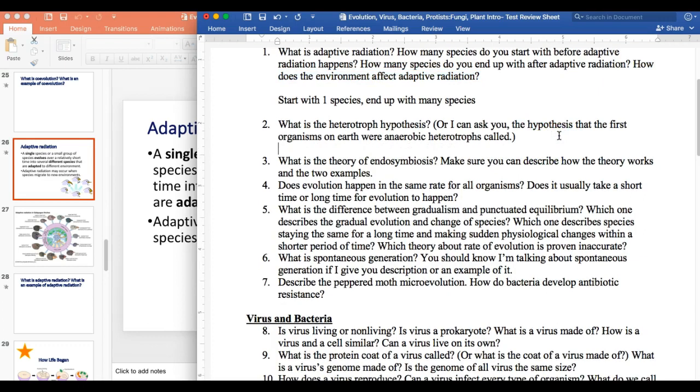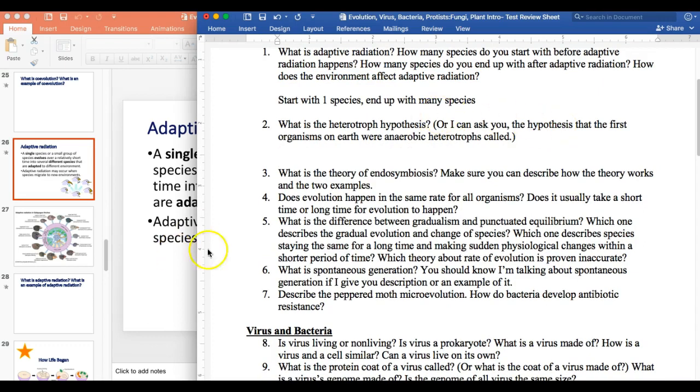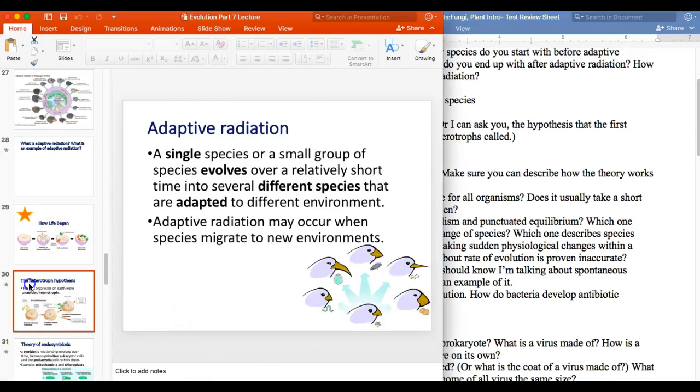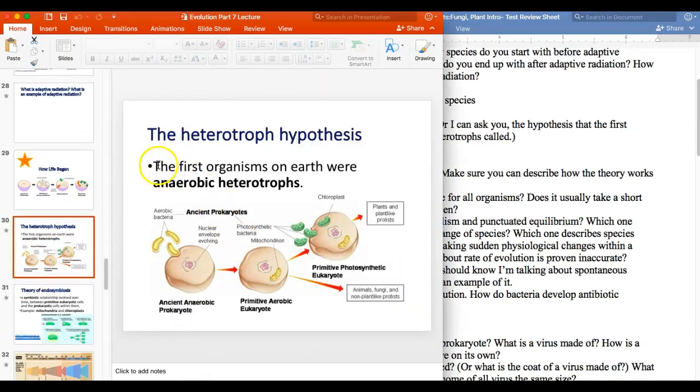The next one is, what is the Heterotroph Hypothesis? If you just look at the name itself, it's a hypothesis and has something to do with heterotrophs. If you look at this picture right here, what it's saying is that the first organisms on Earth were anaerobic heterotrophs.